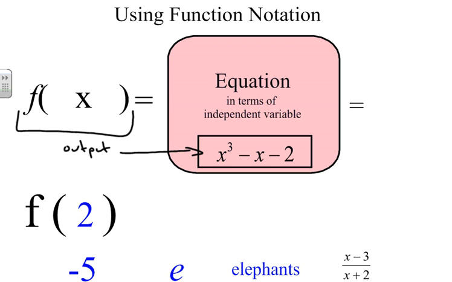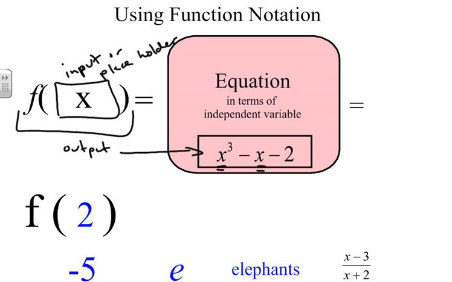What's inside of here is the input, or the placeholder for the variables. It's where you plug in, the places where you substitute in all the values. And here we have two different placeholders, so we have two different input positions.